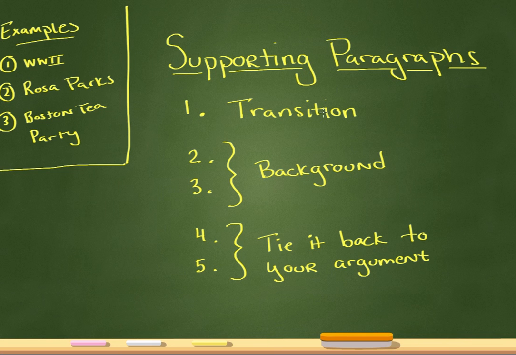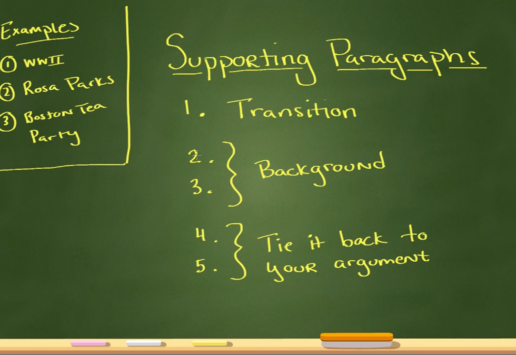So what I might write in my transition is, if I'm coming out of the World War II paragraph and into the Rosa Parks paragraph, I might say something like, these cases of social injustice have not only been shown in world history, but also closer to home in American history. So I've used both aspects, the differences and the similarities, to write a nice transition between World War II and Rosa Parks.